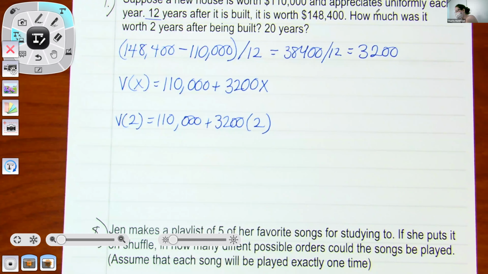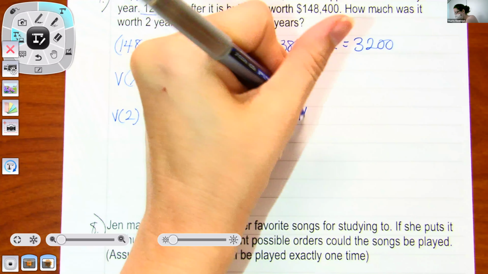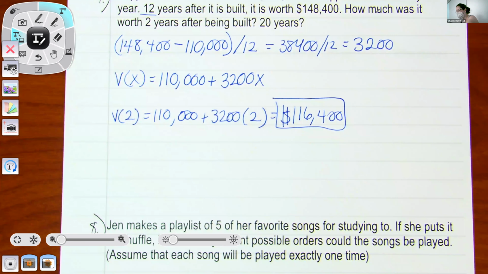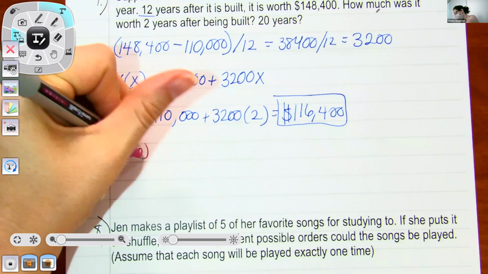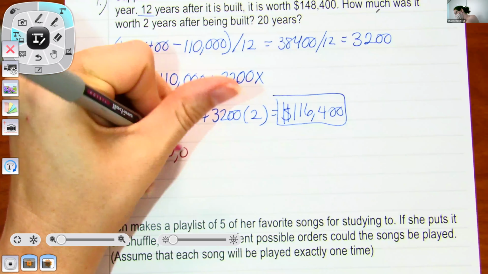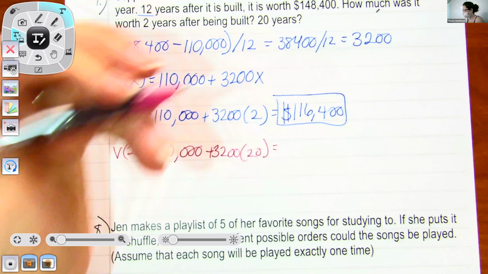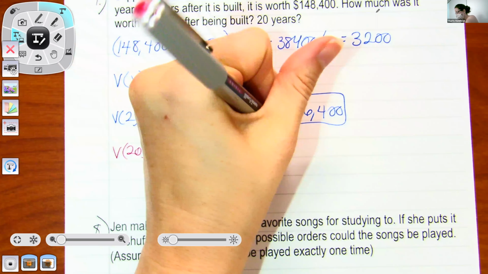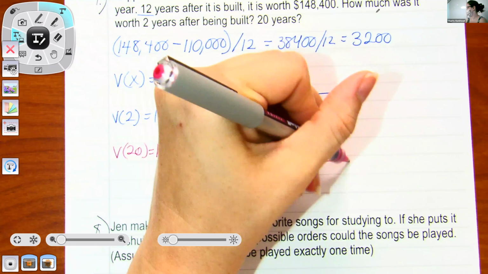And that equals $116,400. So after 2 years, it would be worth that amount. And let's see, after 20. So just plug 20 in for x. So that's $174,000 after 20 years.